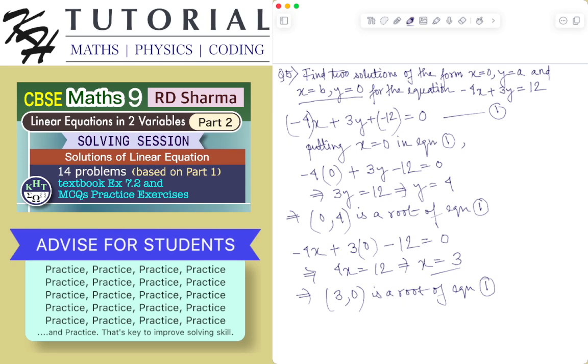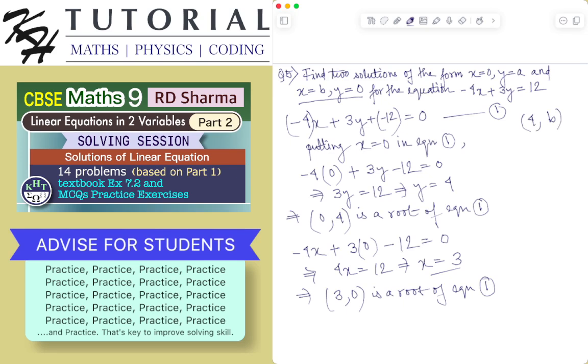So the idea is that whenever you know, let's say, that 4 comma b, with b some real number we do not know, is a root of a given linear equation, how do I find the value of b?